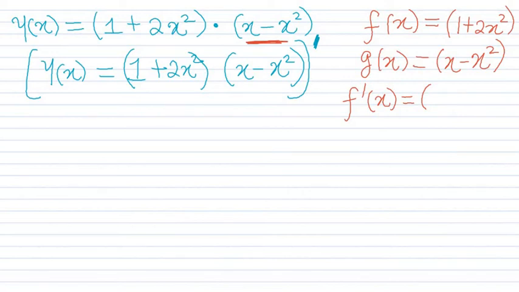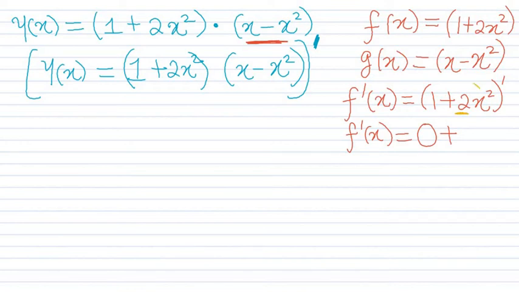So f prime of x, 1 plus 2x squared prime. The differentiation of a constant is always 0, so the differentiation of 1 is 0, plus the differentiation of 2x squared, which is us doing the power rule. We drop the exponent of x and multiply it by the coefficient of x squared, which is 2, as I have underlined here.